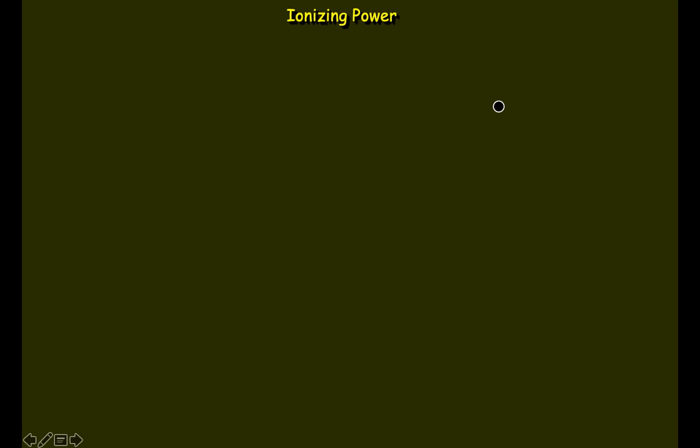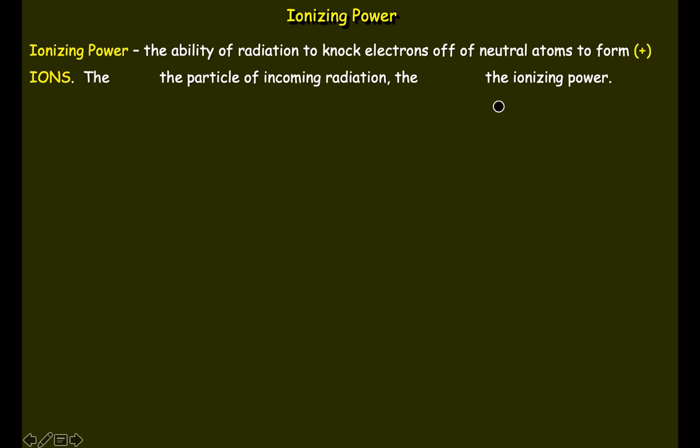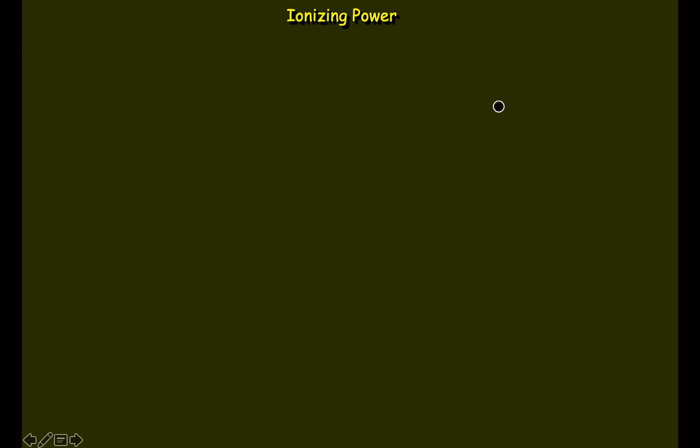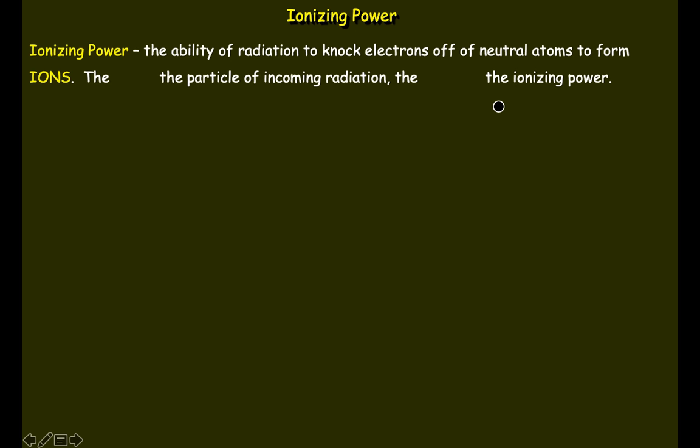All right. So just a couple of things when we look at types of radiation. When this radiation is emitted, we can use the term ionizing power for this ability of this radiation to impact other things. So as this radiation comes out of this element, it can hit other neutral atoms and simply knock the electrons off from the impact.